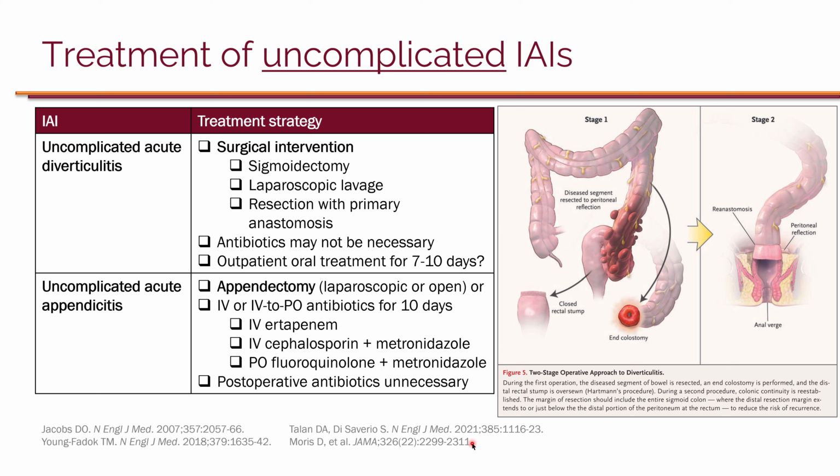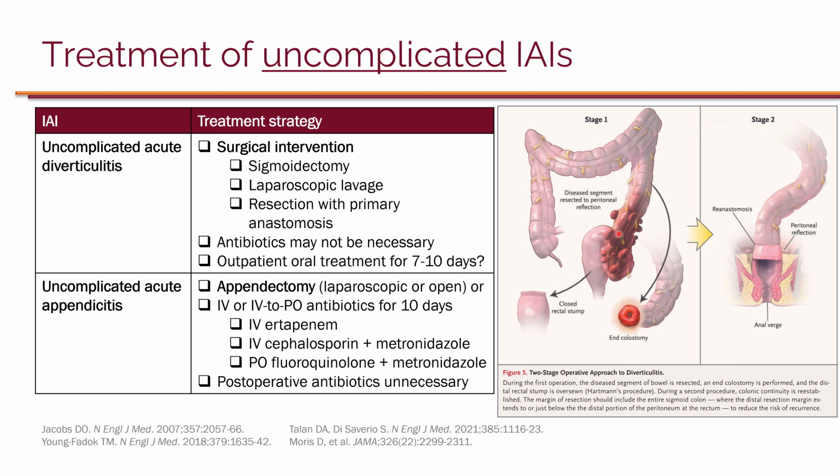When it comes to diverticulitis, essentially surgical intervention is recommended, and the sections of the colon that have these diverticula will be surgically removed, and then the end of the colon will be attached.